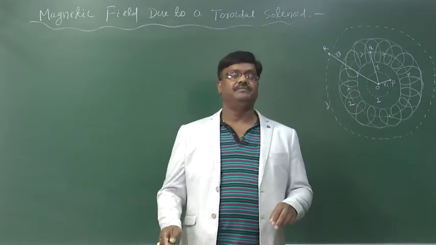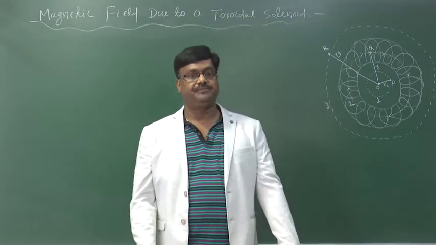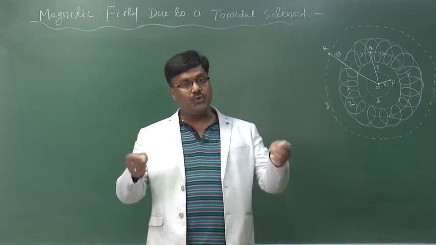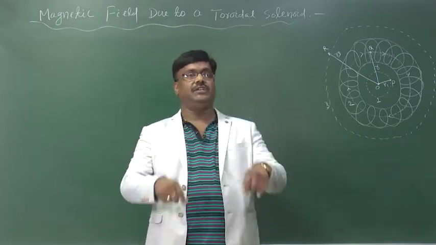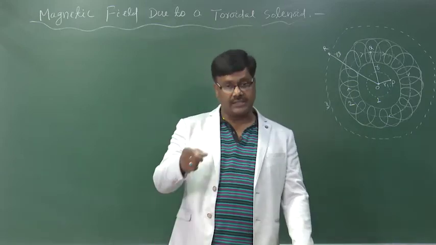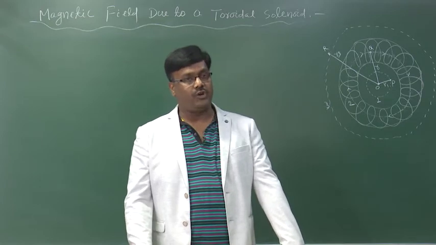Already we have said that a straight solenoid is a spring-like wire, and if the two ends of the straight solenoid are bent to touch each other, then the solenoid formed is known as a toroid.